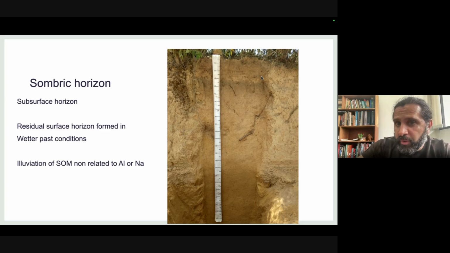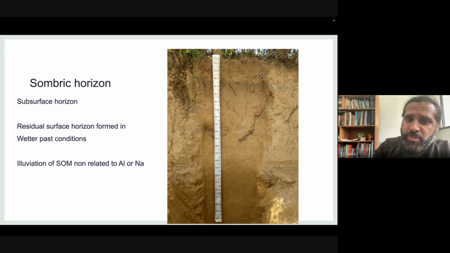With the lower addition, the surface horizon is getting less darkish, now assuming yellowish or reddish colors, or at least less brown, less dark.